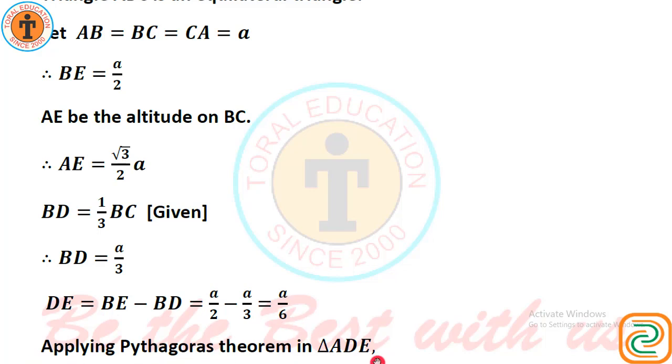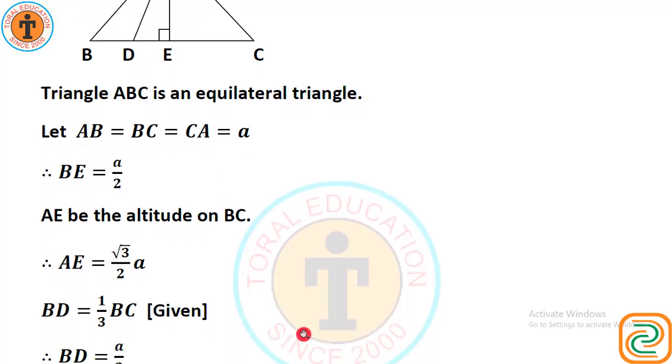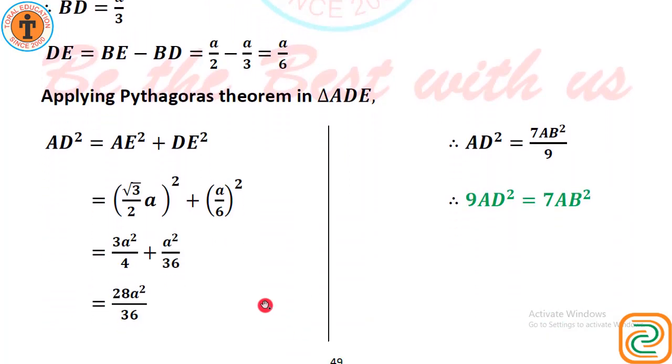Applying Pythagoras theorem in this smaller triangle ADE, AD square equals AE square plus DE square. AE equals root 3 by 2 a whole square plus a by 6 whole square. Root 3 square means 3, so 3a square upon 4 plus a square upon 36.